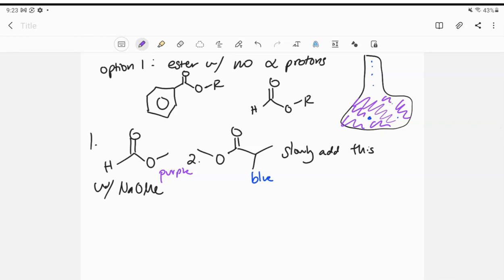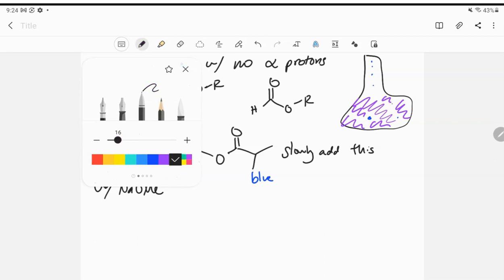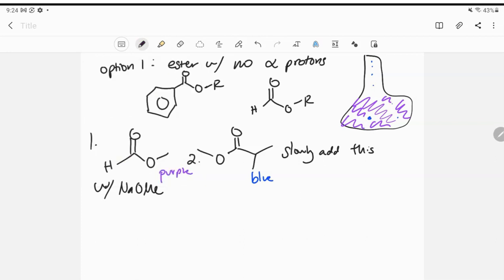And as we're adding the blue one in drop-wise, we see that the blue one is much more likely to run into purple ones, rather than run into other blue ones, if we're adding it slowly. And so if we slowly add our blue one in, the ester that has the alpha protons is going to react with our purple one, which is the formate ester. So as a result, that's a kind of experimental way to make sure that we don't have number 2, the blue one, reacting with itself.